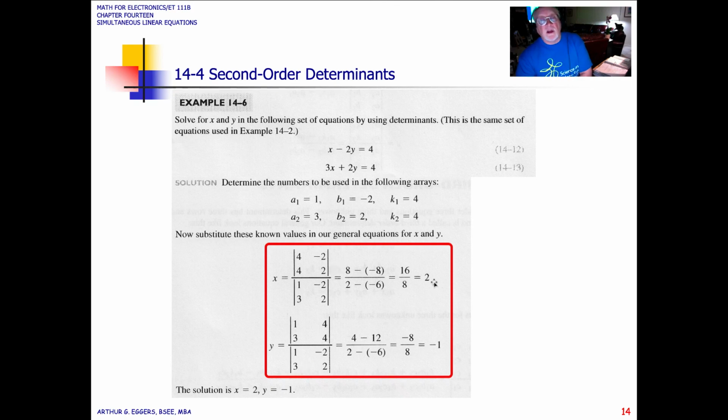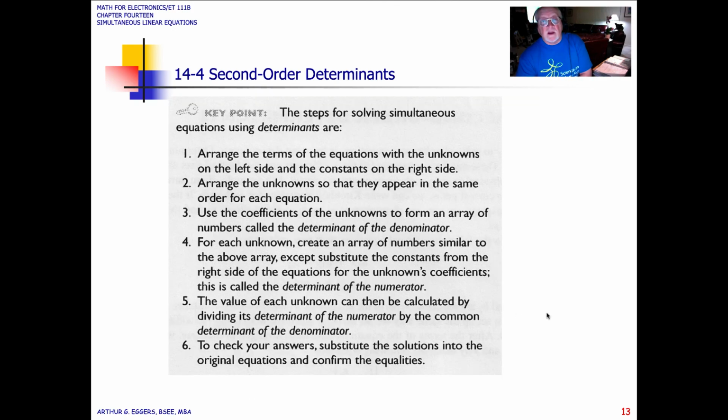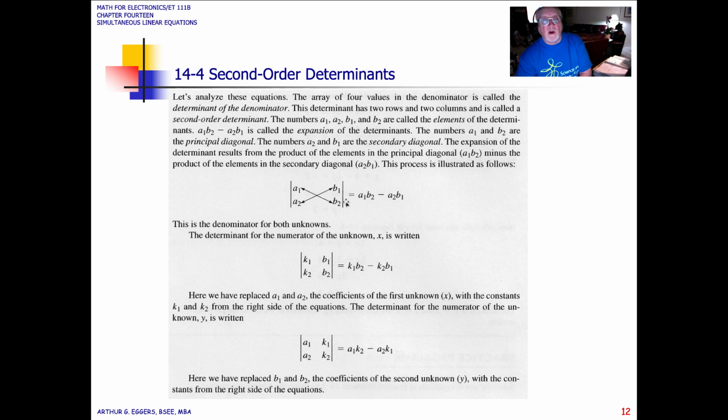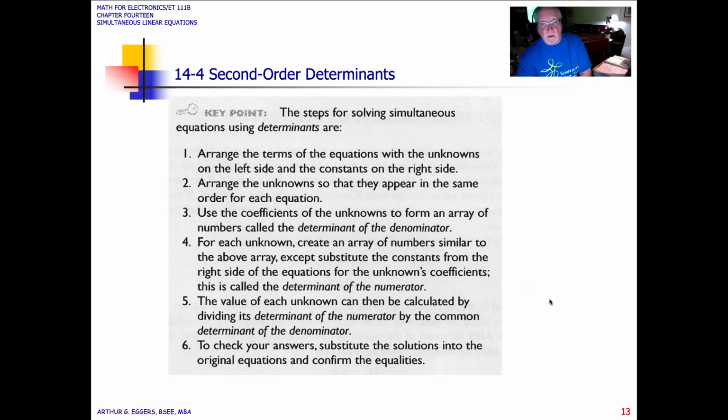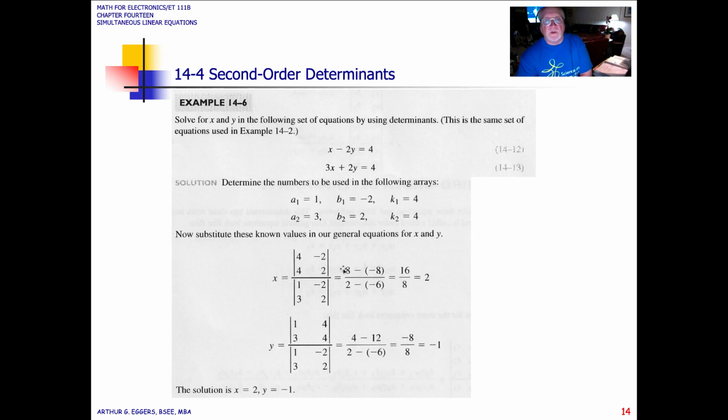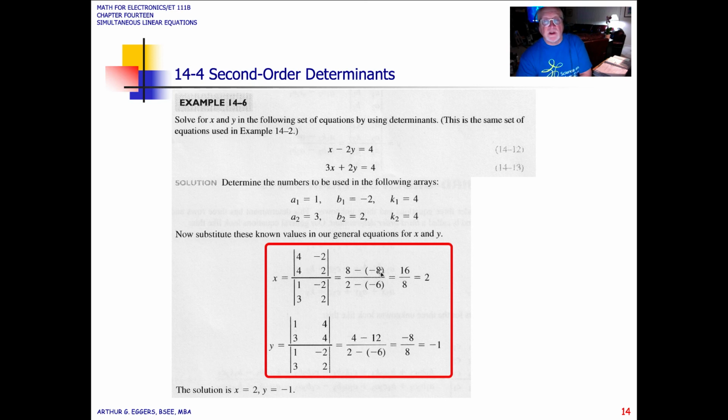So you recall that we had the cross multiplying here, A1 B2 minus A2 B1 for our values. So 4 times 2 minus 4 times minus 2 in the numerator, 1 times 2 minus minus 6 in the denominator.